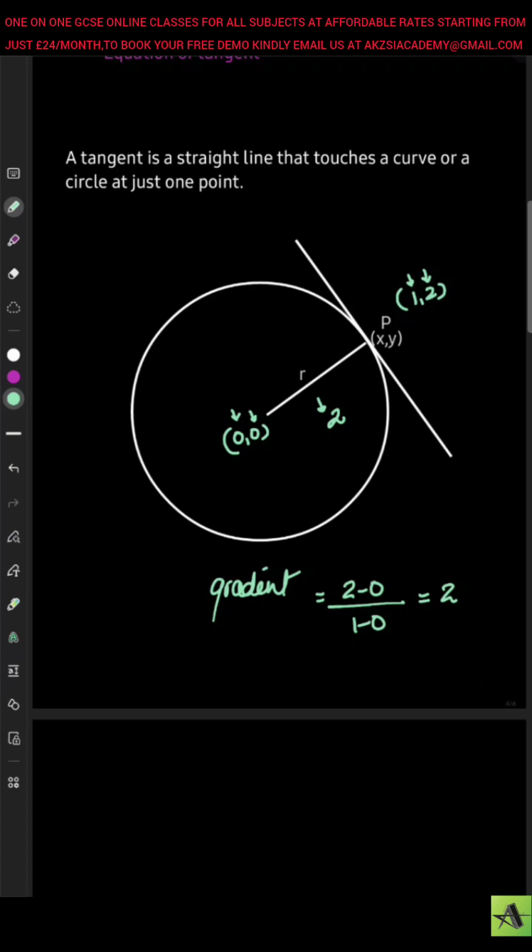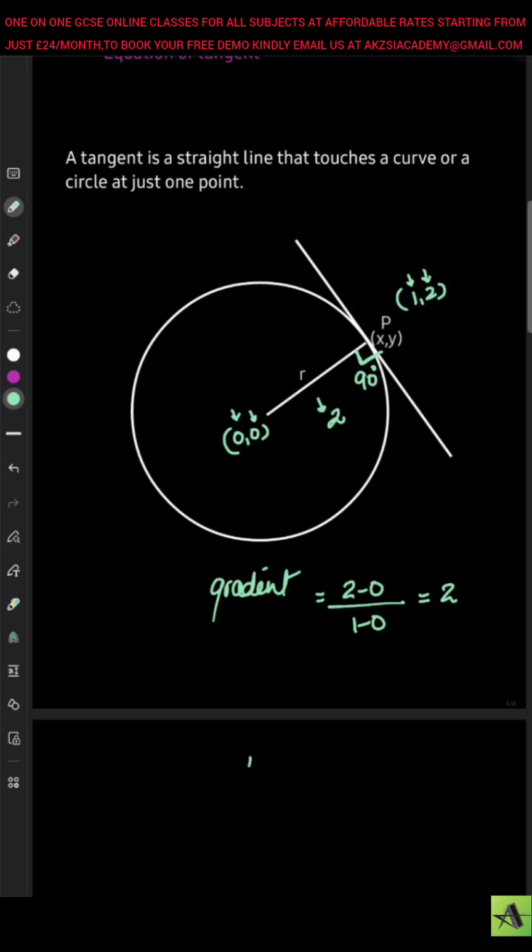Now, we will be studying circle theorems. Actually, I have already made a video on circle theorems, and if you haven't studied it, let me tell you that the angle between the radius and the tangent is always 90 degrees. So this is 90 degrees, and it's always. Now this will help me in finding the gradient of the tangent, because we know that if two lines are perpendicular, their gradients are negative reciprocals of each other.